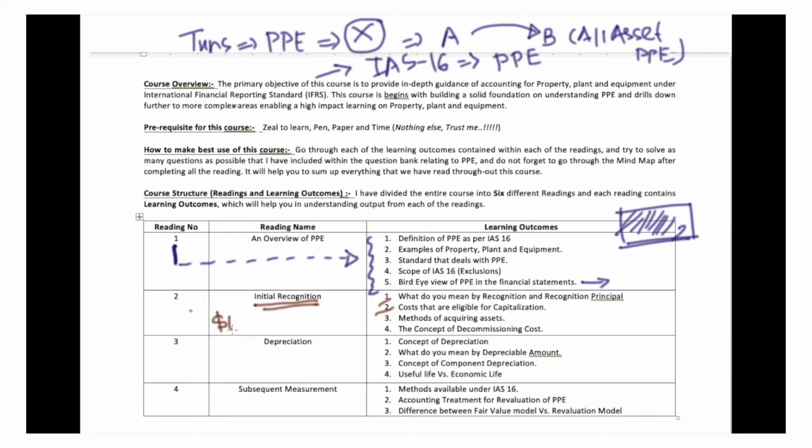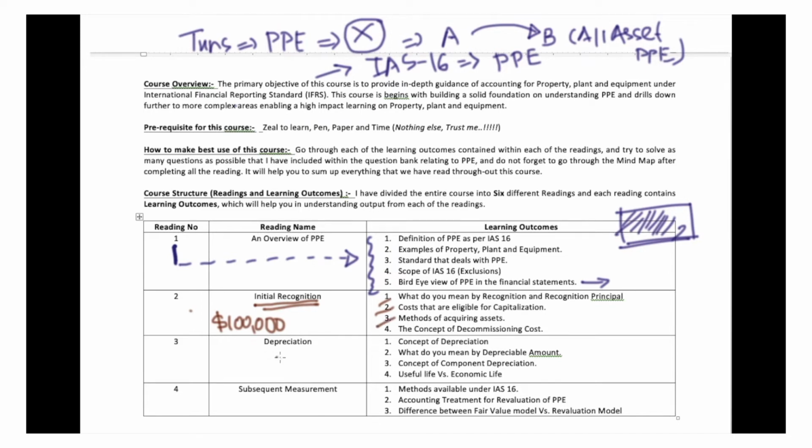Suppose you have spent $100,000 on the purchase or construction of property, plant, and equipment. Do you think the entire $100,000 is eligible for capitalization? Maybe yes, maybe no, maybe partly may be recognized as an expense and partly as a cost. So we will discuss all those costs that are eligible for capitalization.